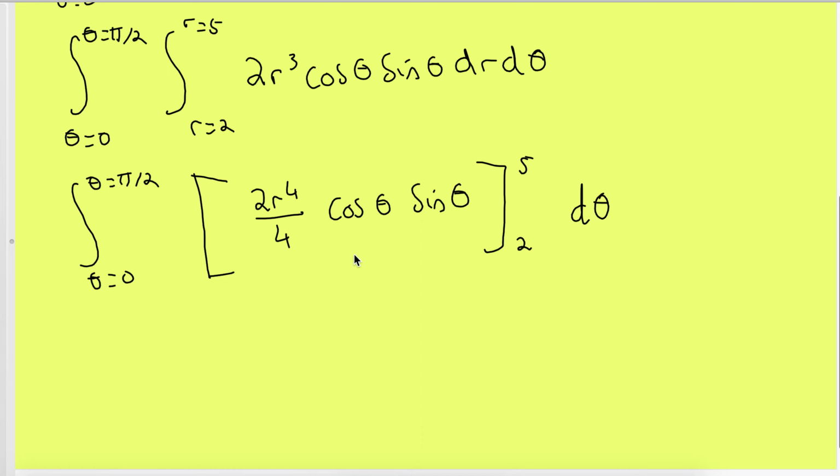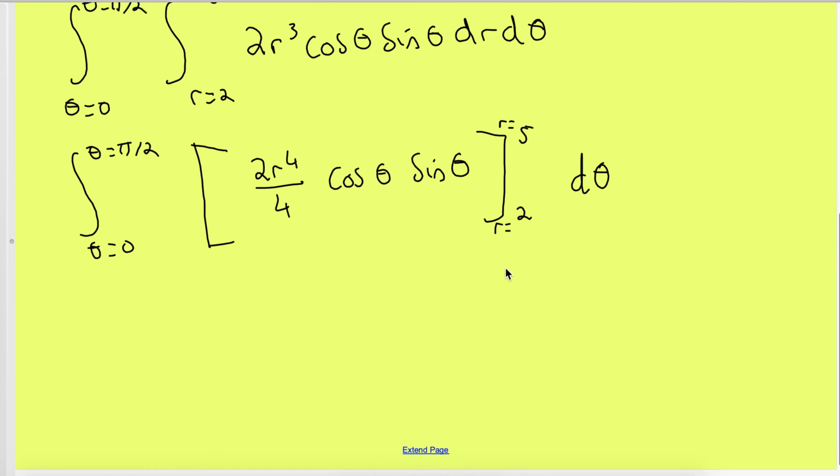Right, let's remember this is r equals 5 and r equals 2. So we're going to substitute, in fact I'm going to simplify it first before I do anything else, because these can get a wee bit horrible if we don't simplify them as we go.